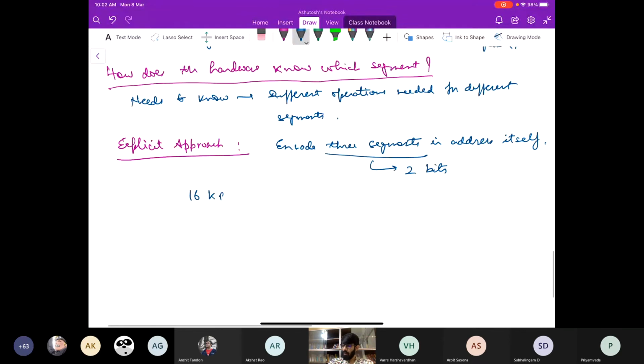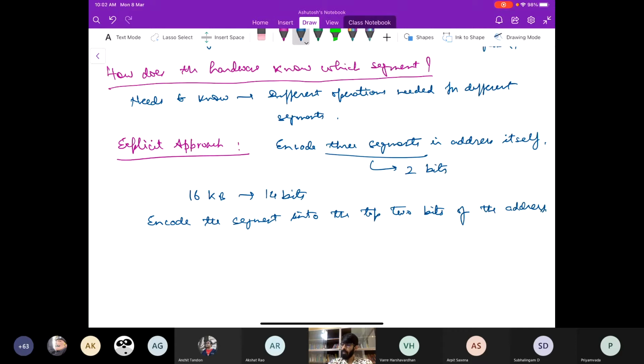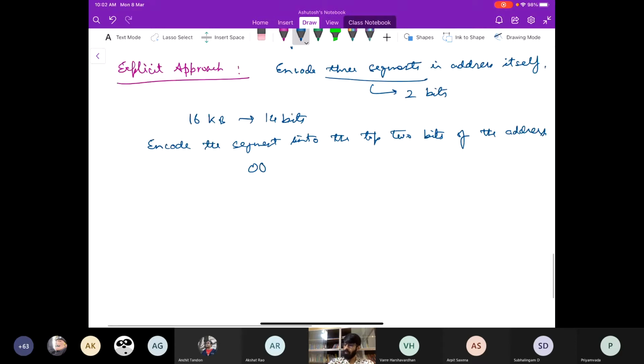So let's say that we encode the segment into the top 2 bits of the address. Okay. So let's say that 0 0 is code, 0 1 is heap, and 1 1 is stack.